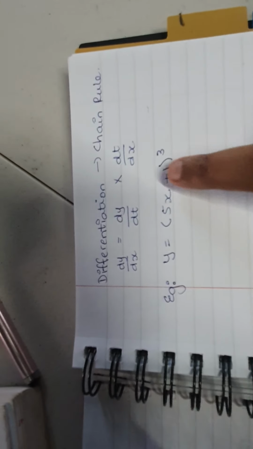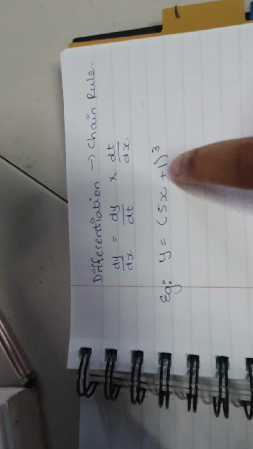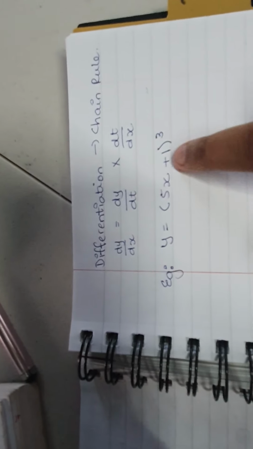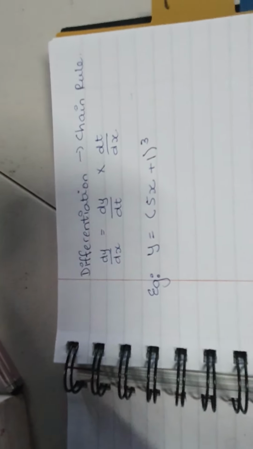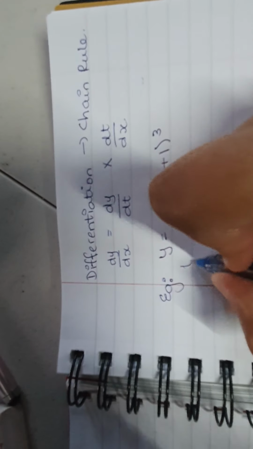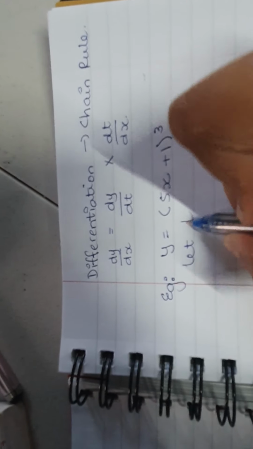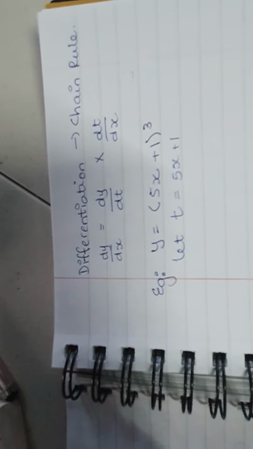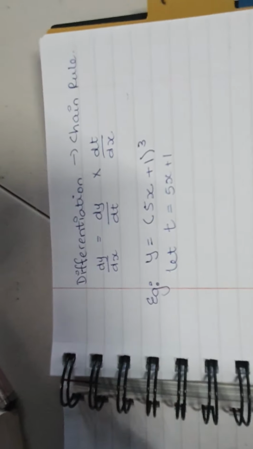Normally you would let the substitution be the expression you have in the bracket. So in the bracket we have 5x + 1. We're going to let t be that. So that's the first thing I'm going to write: let t equal to the stuff in the bracket, which is 5x + 1. No magic there as yet.